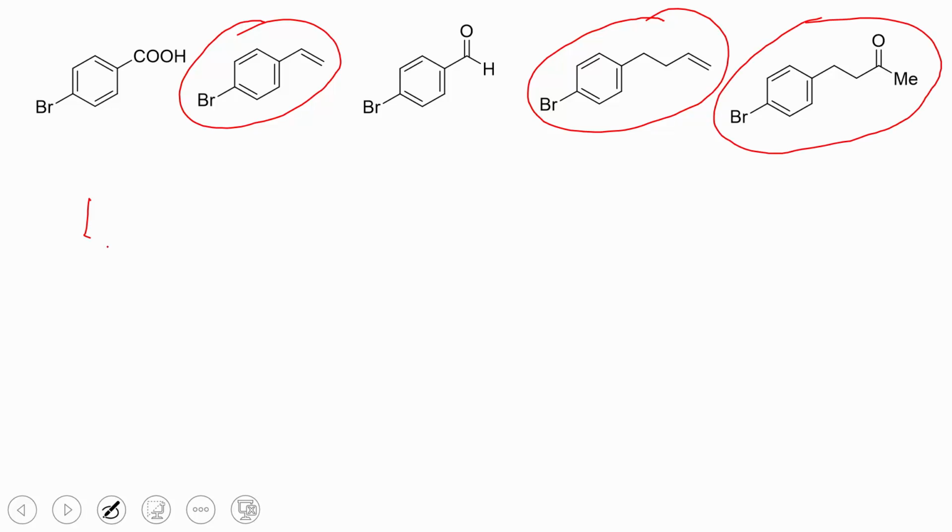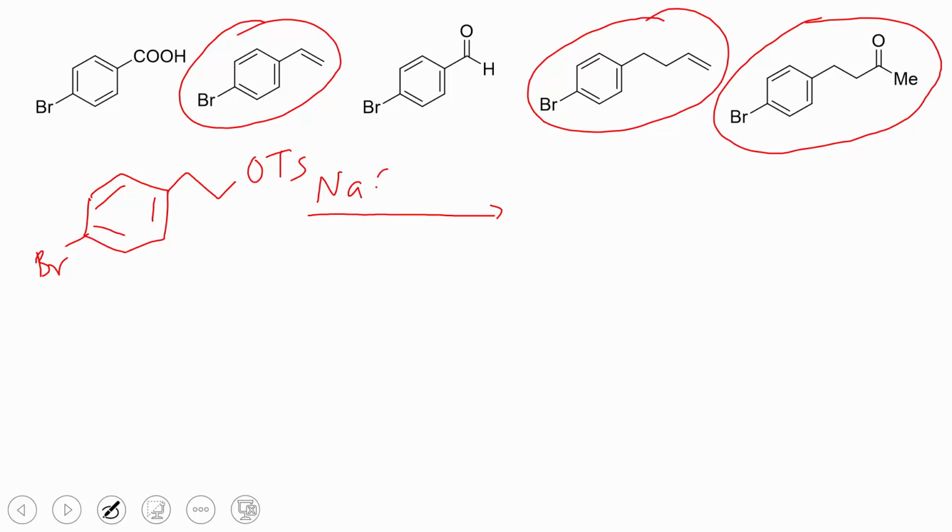Okay, so in the previous slide, we saw how we were going to prepare this compound. Okay, and now we have something that can react with our designated source of the extra carbons. Okay, and just this SN2 reaction here will do this.